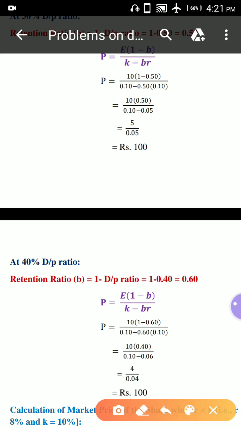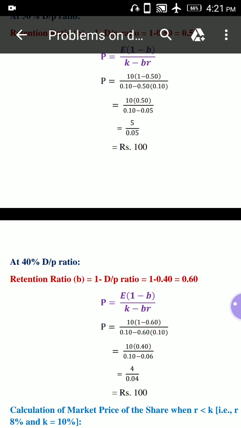Here at 40% dividend payout ratio, the retention ratio is equal to 1 minus the dividend payout ratio, that is 1 minus 0.40, equal to 60% or 0.60. Now substitute the B value and the remaining values in this formula. E as it is 10 rupees, 1 minus B 0.60, K 0.10 minus B 0.60 into R 0.10.